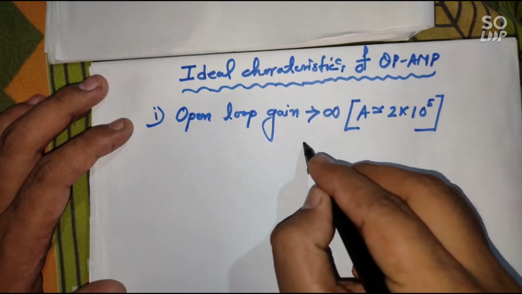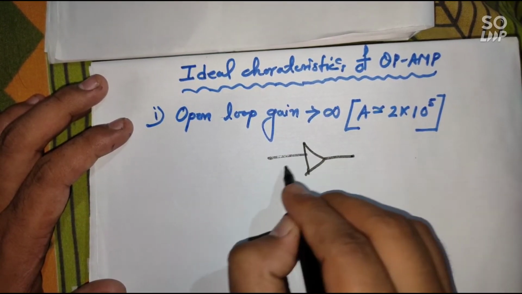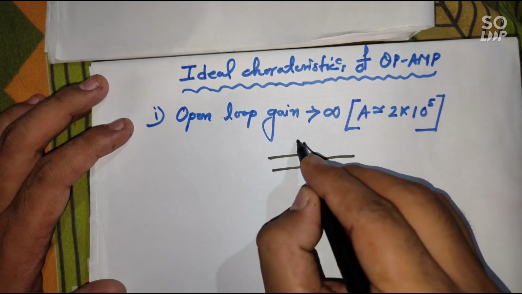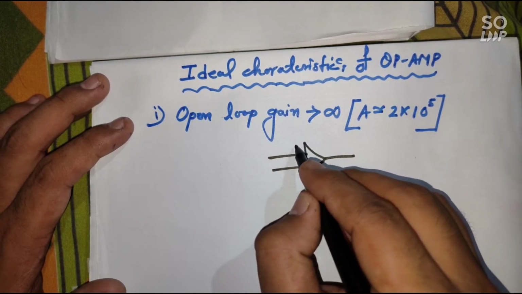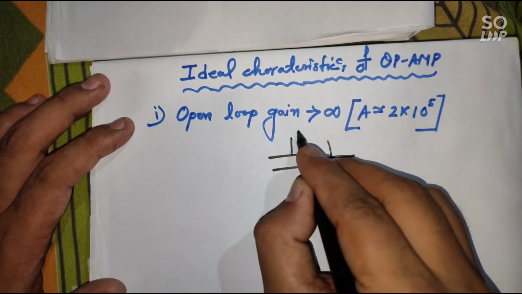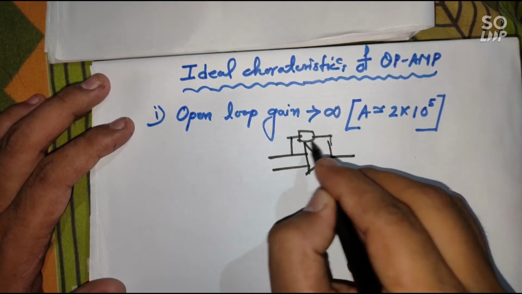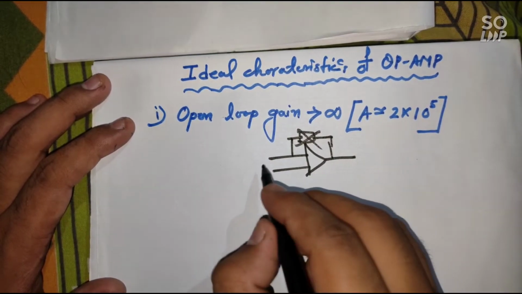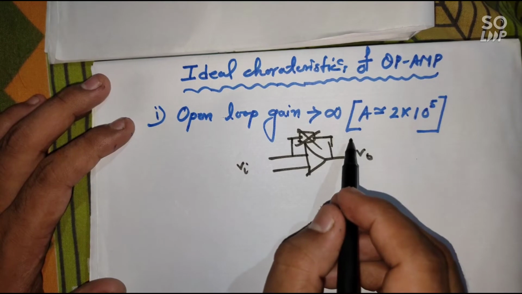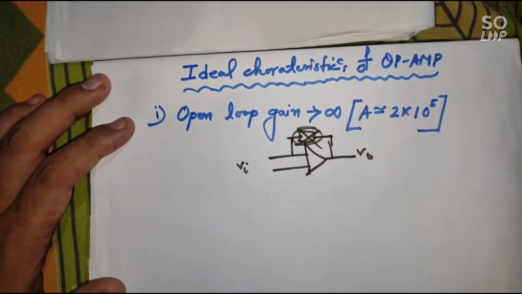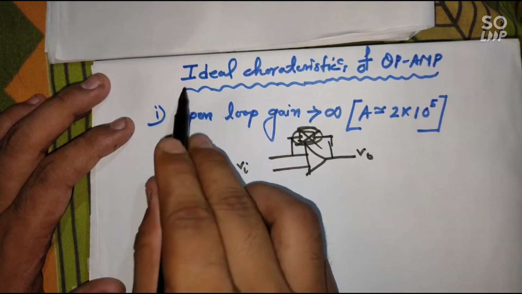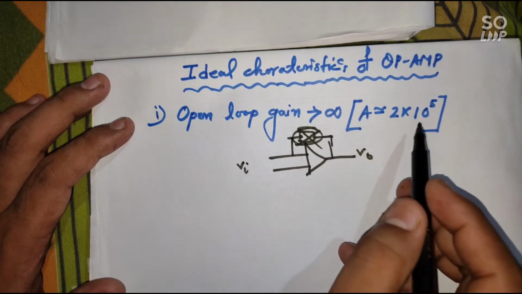When no feedback is applied to the op-amp, meaning no circuit is connected between the input and output terminals, the ratio of the output to the input is called open loop gain. Ideally it must be infinite, but practically it's 2 into 10 to the power 5.